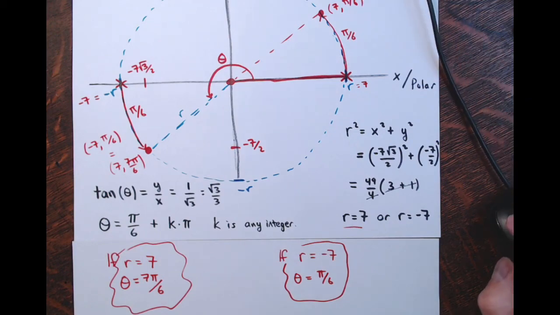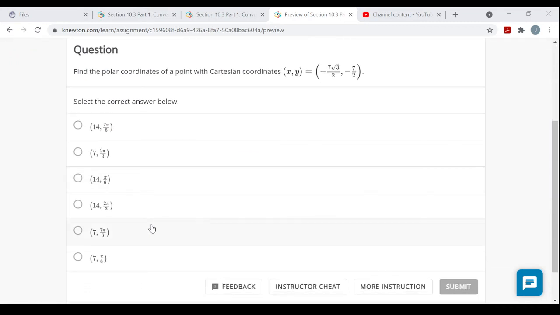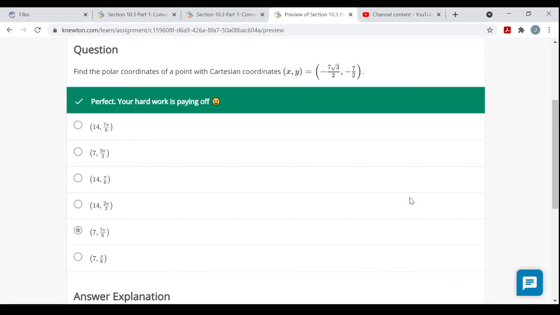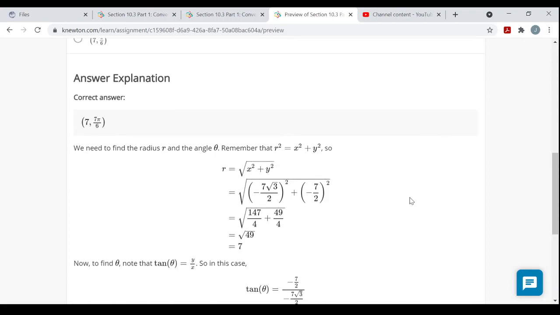So let's see which one of these choices works. We had 7 pi over 6 as one of those. It takes me to that point in polar. This is the point in polar, this is the point in rectangular, but they are the same location on the coordinate plane. Wonderful. And again, please read your answer explanations.